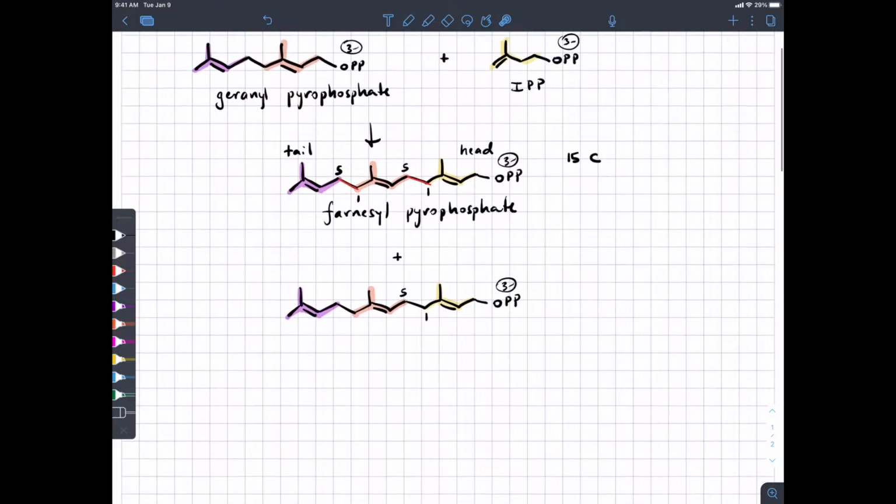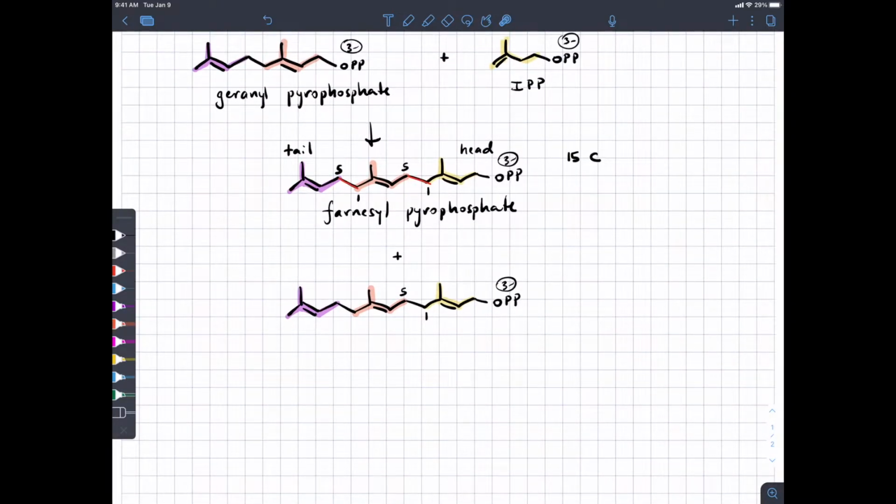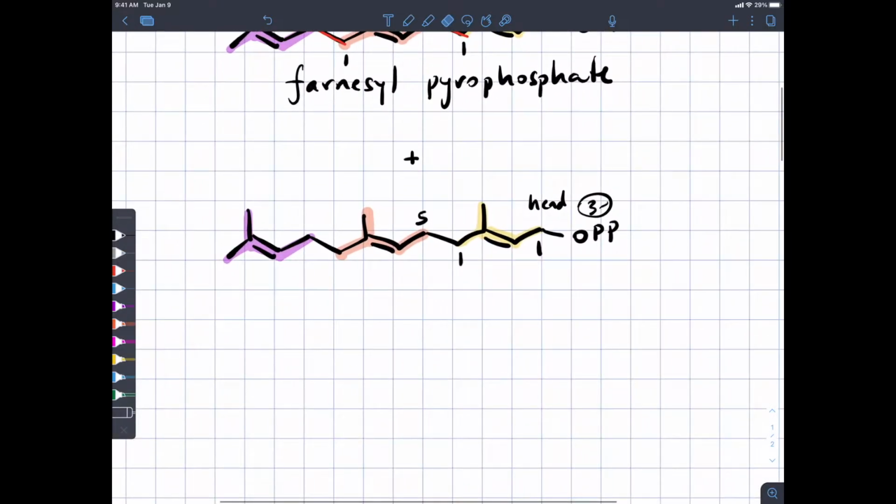But it turns out that to get the molecule cholesterol, we actually need to link 2 of these farnesyl pyrophosphate groups together head to head. That is, we need carbon 1 of one farnesyl pyrophosphate linked to carbon 1 of the next farnesyl pyrophosphate.